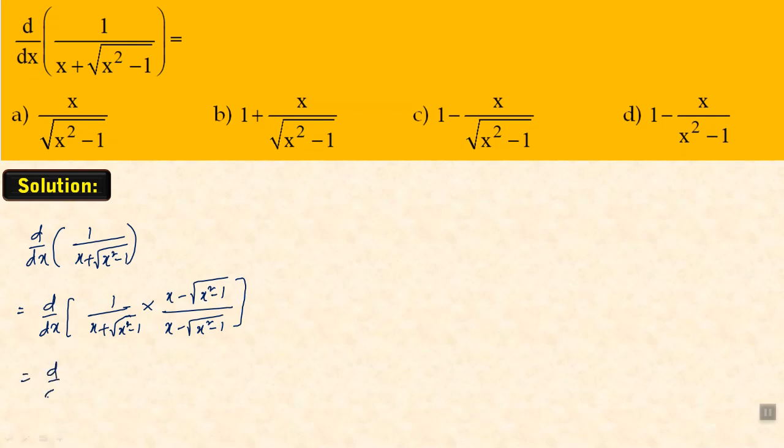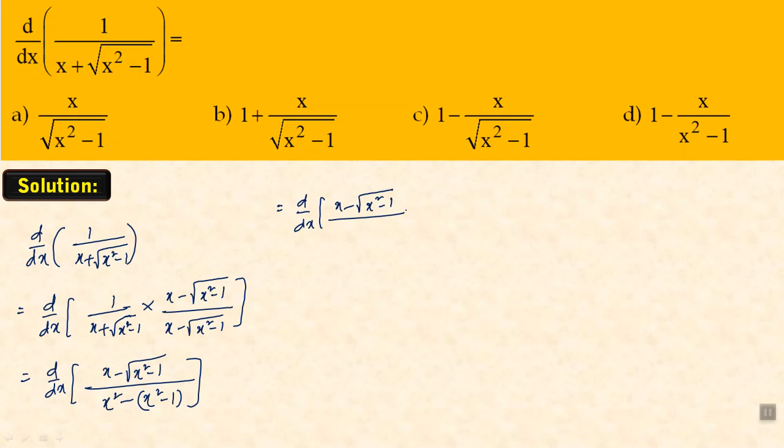This equals to d by dx of x minus square root of x square minus 1 divided by, here it is in the form of a plus b into a minus b. So it can be written as a square, that is x square, minus b square, that is square root of x square minus 1 whole square, that is x square minus 1, that equals to d by dx of x minus square root of x square minus 1 divided by x square minus x square plus 1.